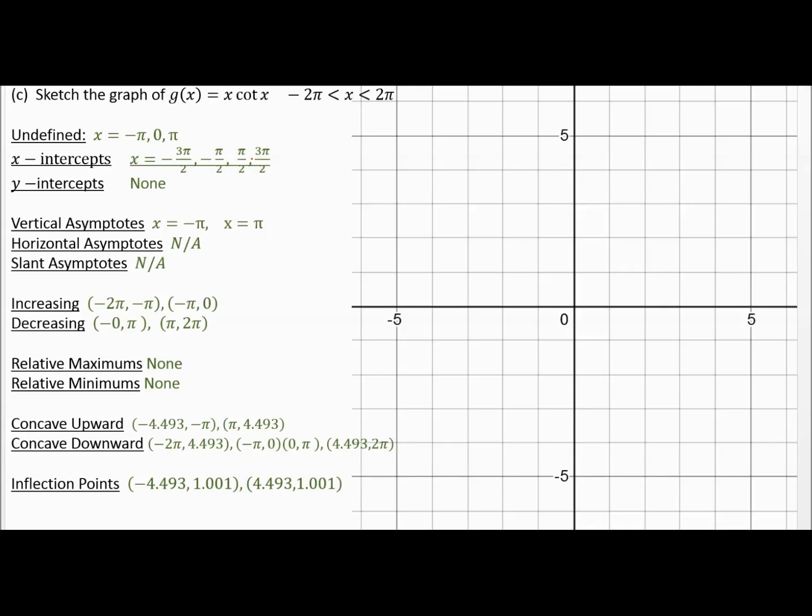Now notice my scale right here doesn't have radian values, so you might want to think about those in terms of decimals. For negative 3 pi over 2, I'm doing 3 times pi and then dividing that by 2. That gives me negative 4.7. So here's negative 5, so negative 4.7. We have an x-intercept about right there.